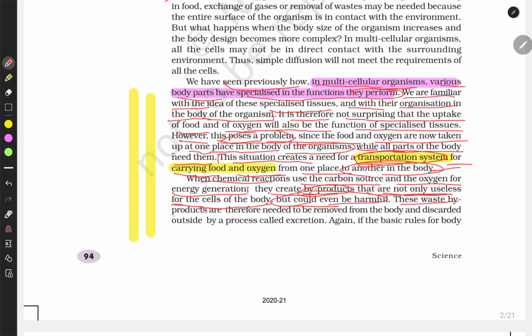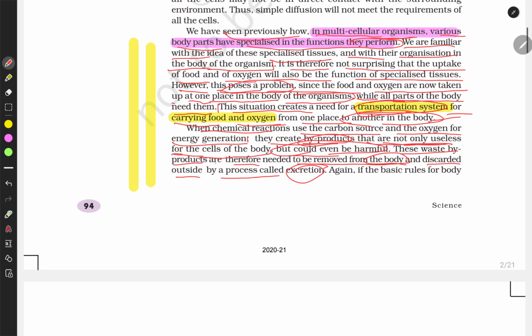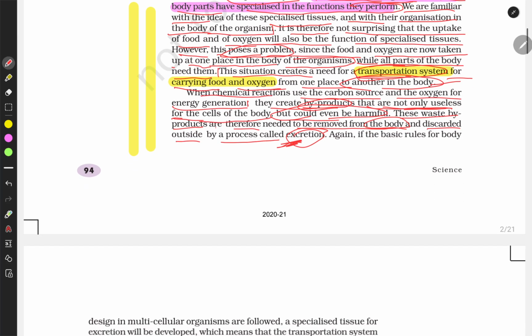So these waste products need to be removed from the body and discarded outside by the process called excretion. So there must be a system of excretion in the body.